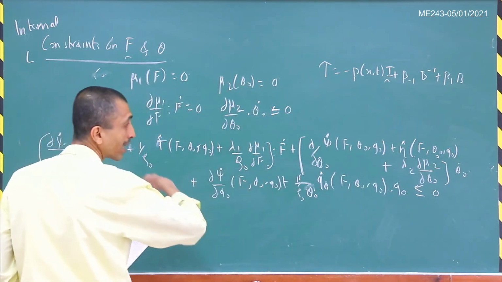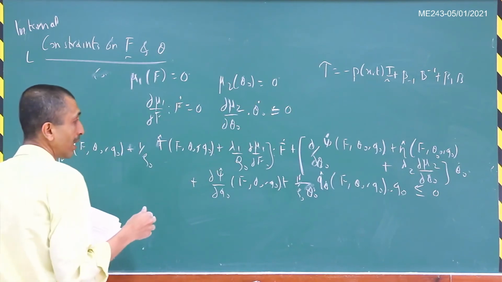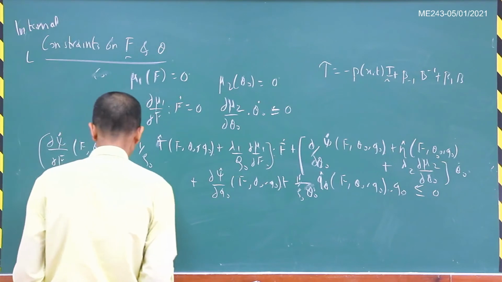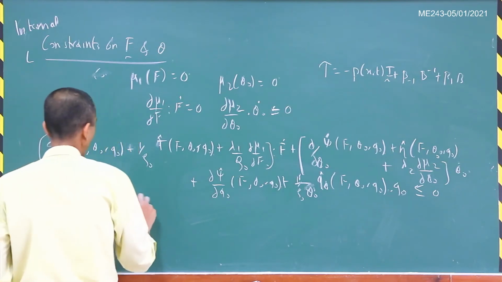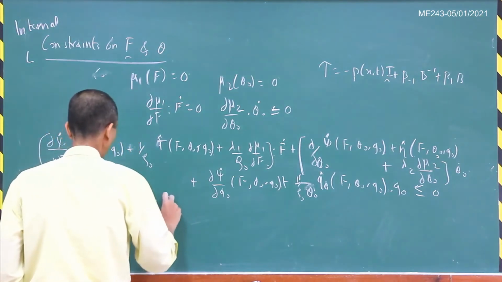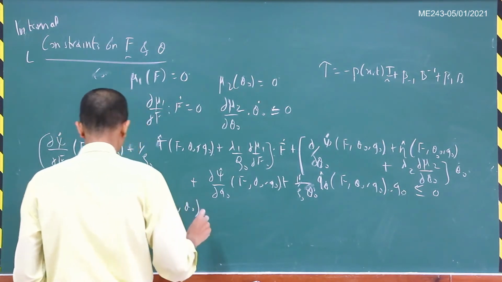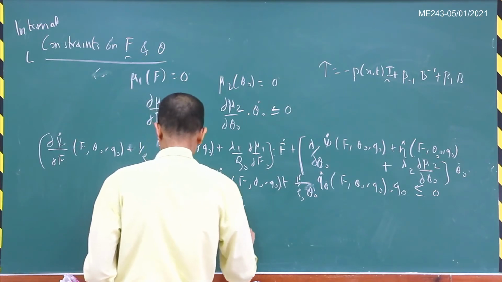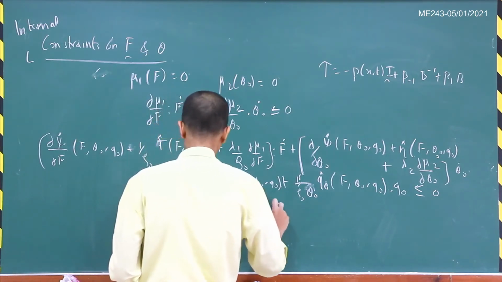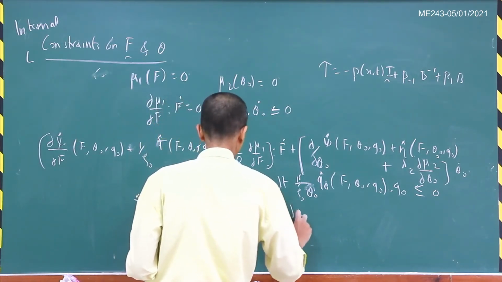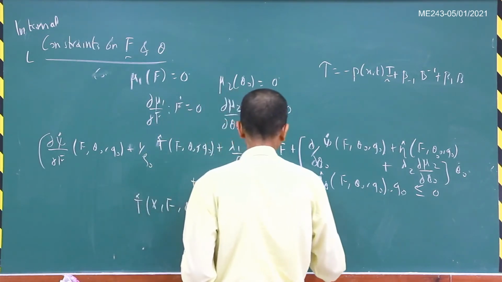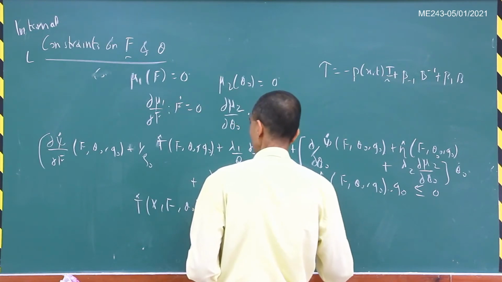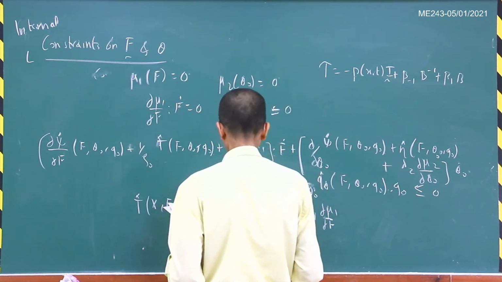So now we again go through the same procedure as we went through while reducing the restrictions on the constitutive relation. So what we will get is that T hat of X, F, theta naught is equal to rho naught times del psi hat by del F of X, F, theta naught plus lambda 1 times del mu 1 by del F. Okay, so this is the conclusion that you will get now.